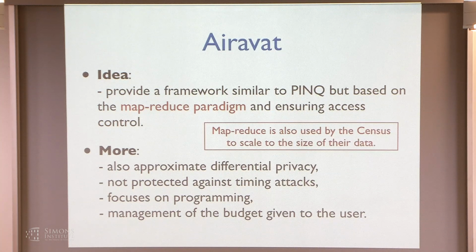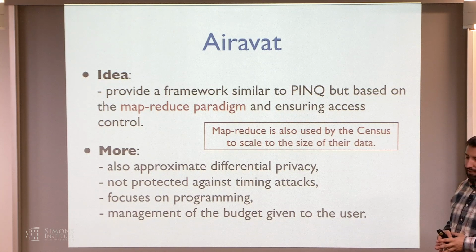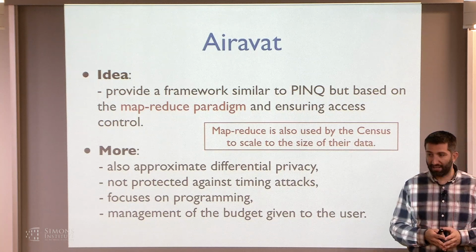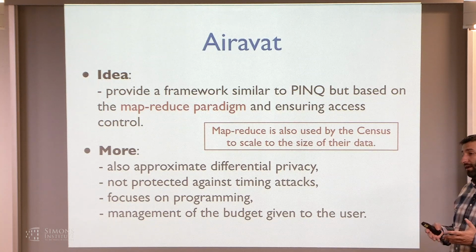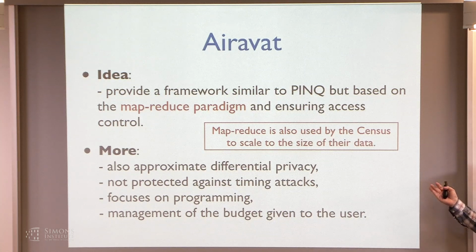Now, I didn't see actually the code that the census is using, but as far as I know, it is a combination of some differential privacy basic primitive and some map and reduce approach based on Spark, I think. So in some sense, I think this kind of approach could be useful for other applications.